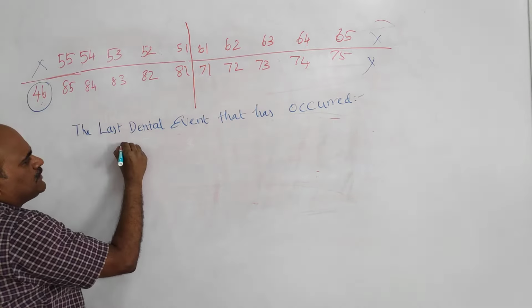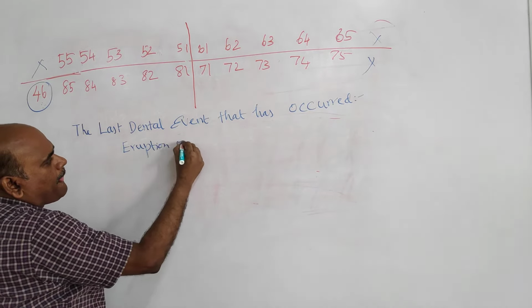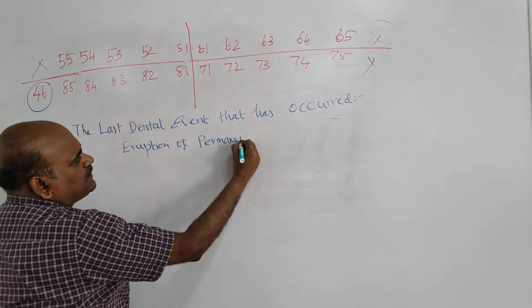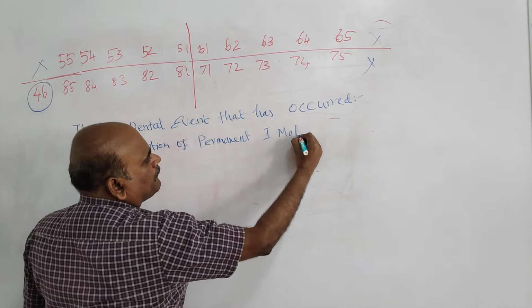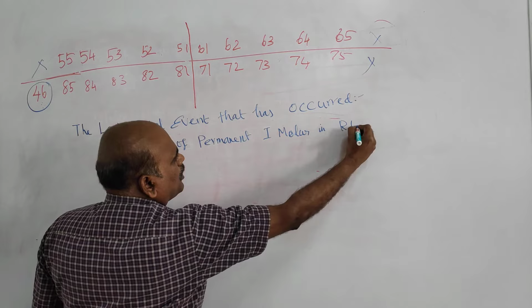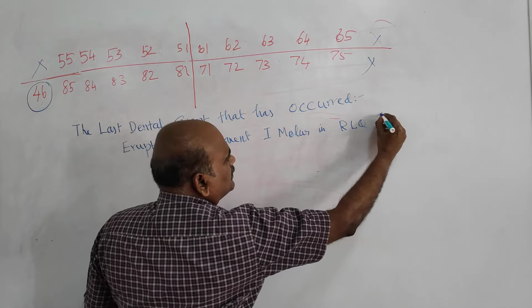Here you have to write eruption of permanent or temporary, you have to mention. Permanent first molar in right lower quadrant. What is the normal age of eruption?